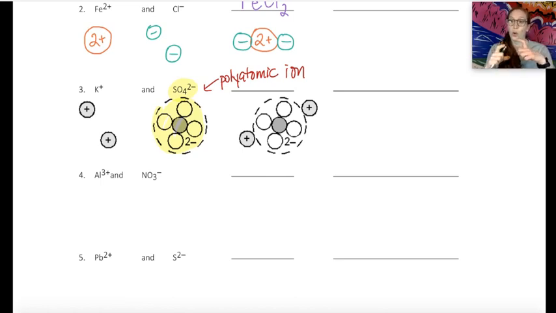That shows that the whole group of atoms together has that charge, whatever it may be. In this case, we have this SO4 2-, and that whole thing has a -2 charge.